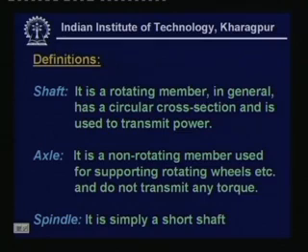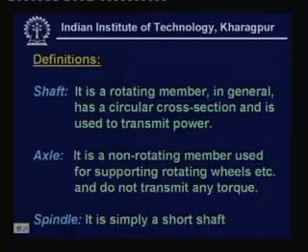A shaft is a rotating member which, in general, has a circular cross section and is used for transmission of power. If you see a shaft, you must have seen that it is always supported on some sort of bearings, some load is there, and there is a rotation.